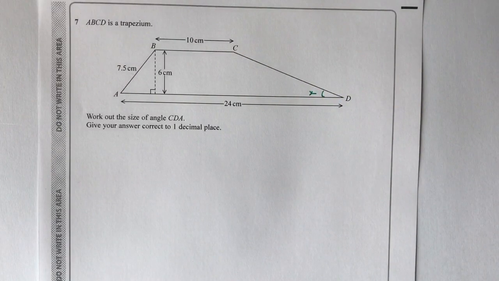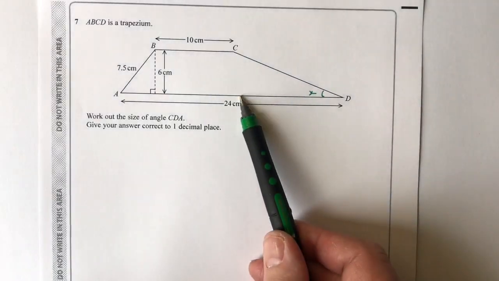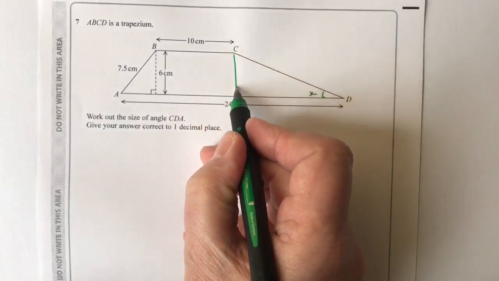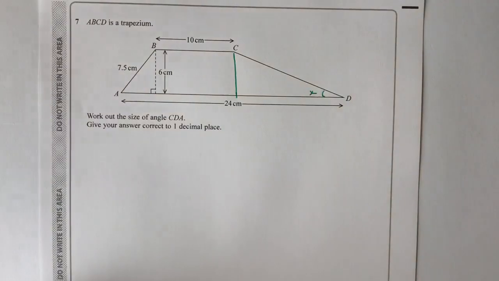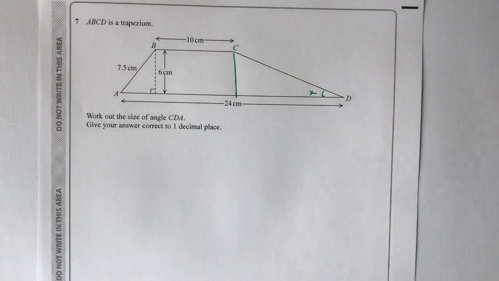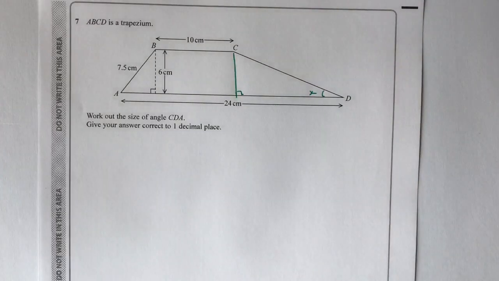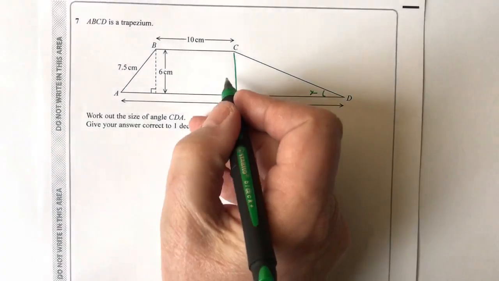There's a couple of things that we need to figure out first. The important thing for us is we need to really try to establish this length along here, because we have a situation where we can create a right angle triangle where we can use SohCahToa in order to calculate the value of x, knowing that the height is 6.